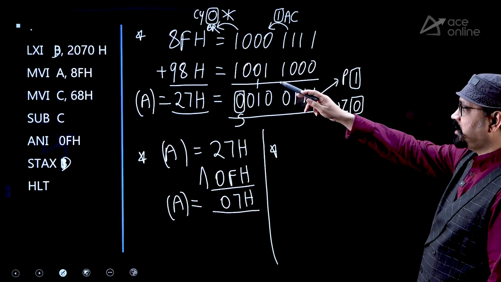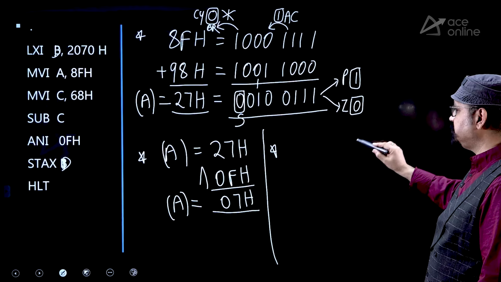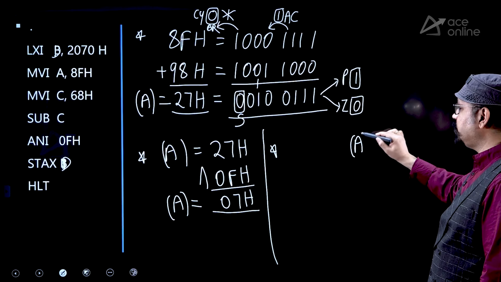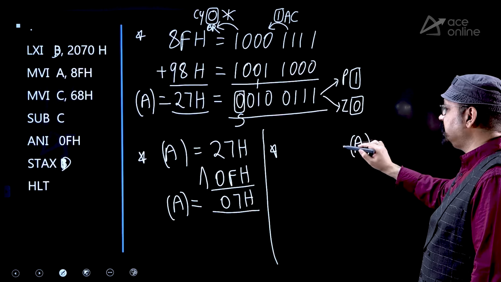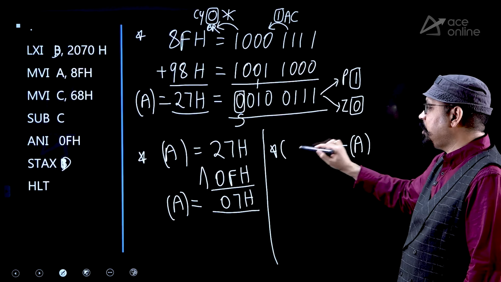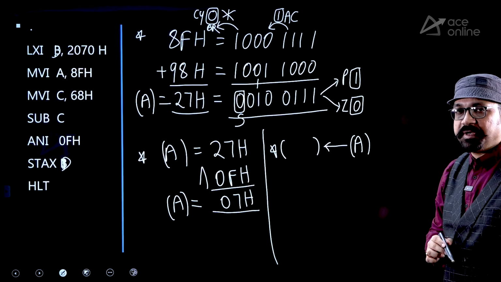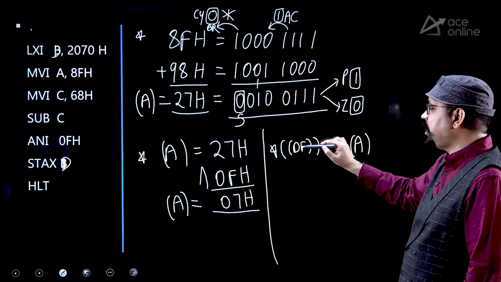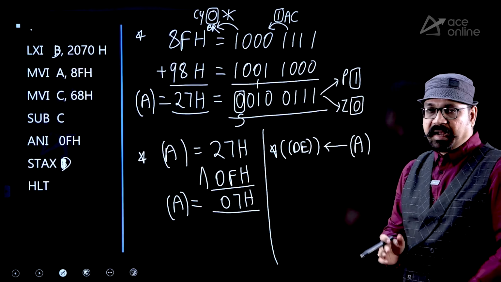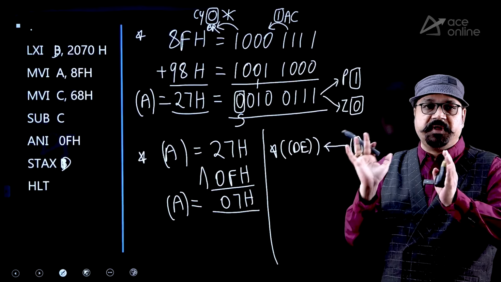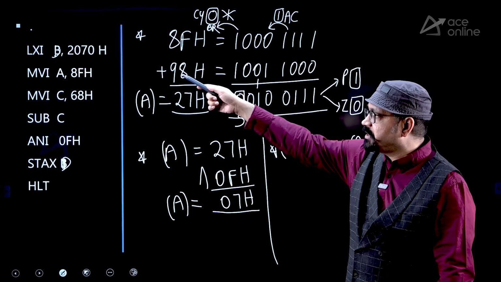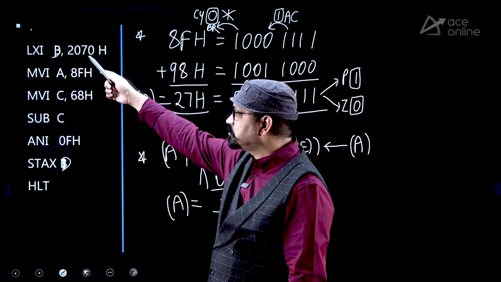In the beginning you have seen the DE pair got initialized with 2070. Let me symbolically write this. Store the accumulator content, that is 27 hexa, into a memory location, RAM location, whose address is available in the DE pair. What is the content of the DE pair? In the beginning it got initialized with 2070.